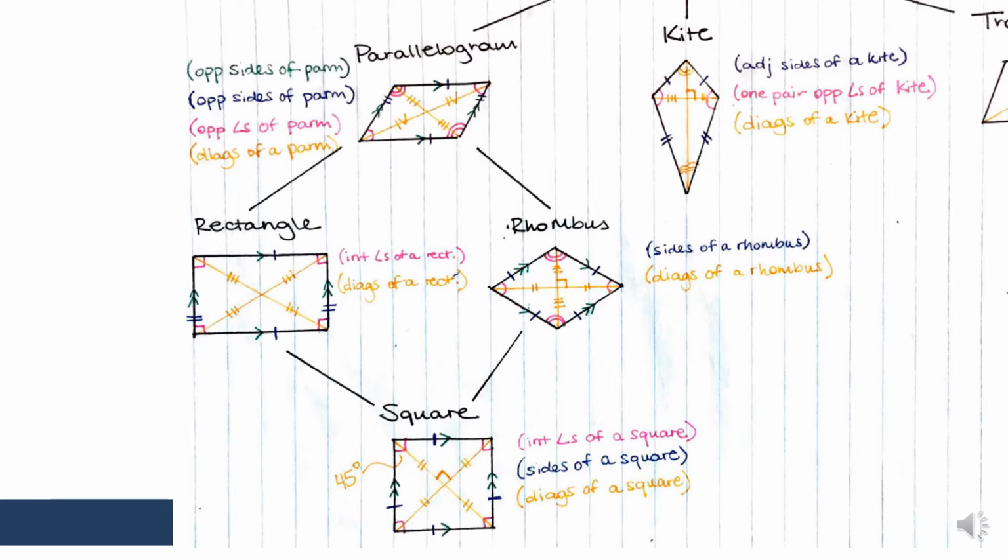Now, to prove that a shape is a rectangle, for example, you'd have to prove first that it's a parallelogram, and then you have to prove something special to show that it's actually a rectangle. To prove that a shape is a square, for example, you'd have to first prove that it's a parm, then prove it's a rectangle, then prove something special about the square. So you have to be able to prove the parallelogram to even get to these next steps.